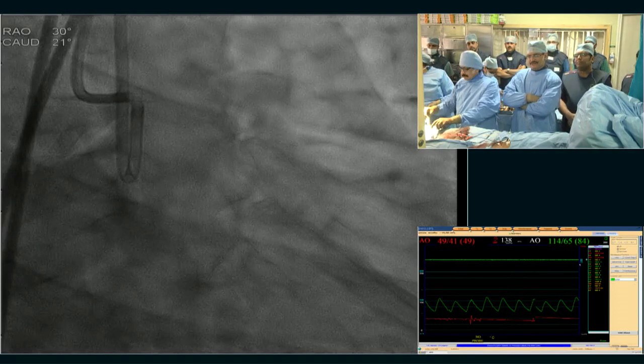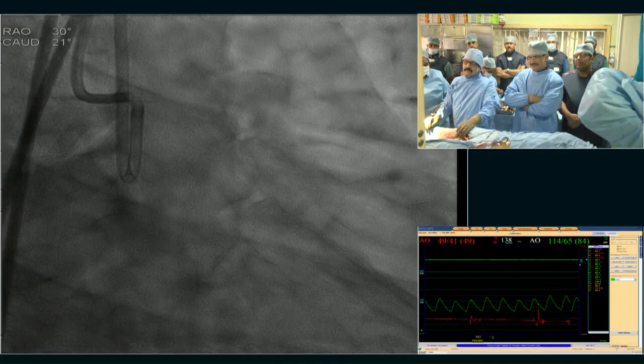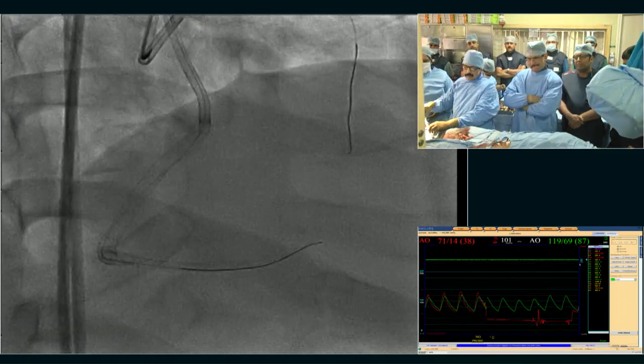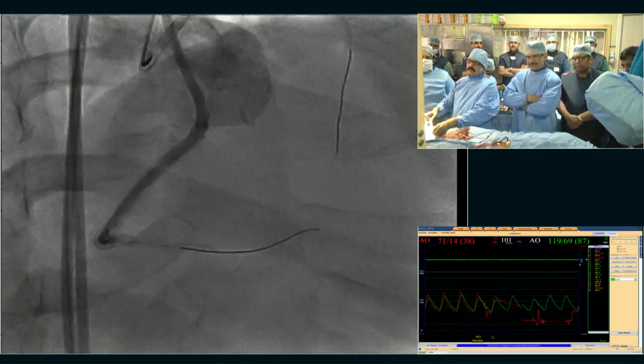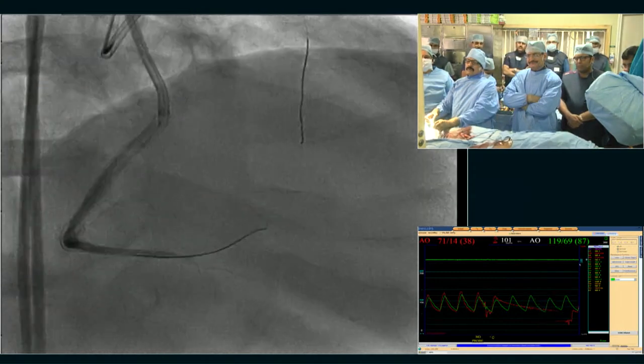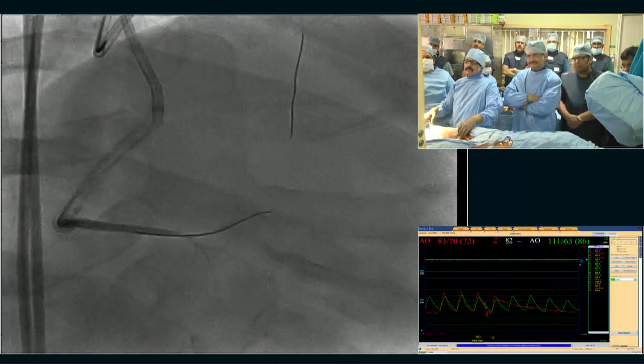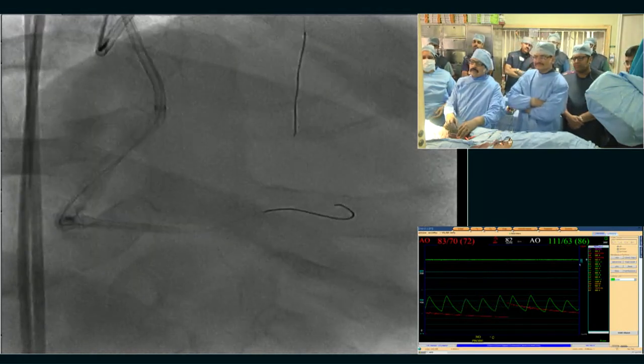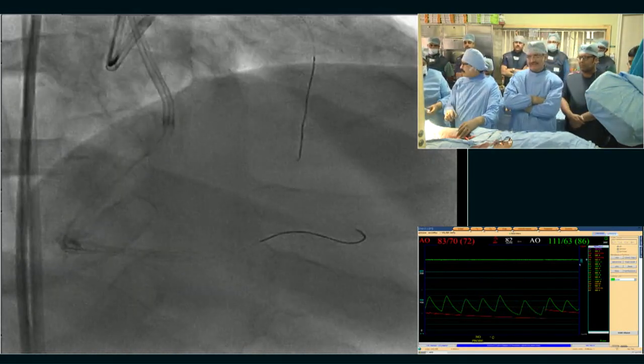Can I know the strategy of the chairpersons and discussants? What is your approach? What is your setting, 7 French? Femoral approach, 7 French only.